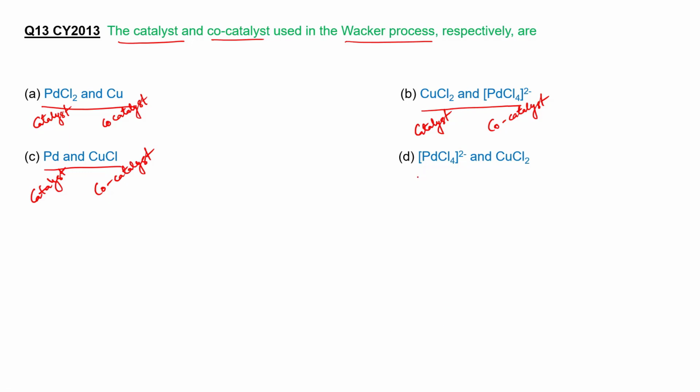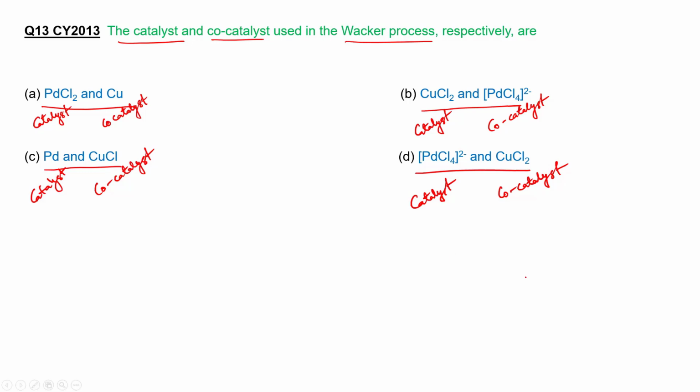And last, option D, PdCl4 2- and CuCl2, where PdCl4 2- is catalyst and cupric chloride is co-catalyst. So you have to choose the correct answer among these four options.